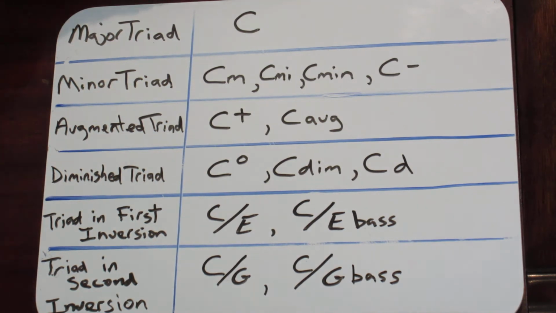All you need to use for a chord symbol for that is a capital C. So whatever the root of the chord is, a capital letter with that name will represent that chord, and everybody understands that. You don't have to write a big M, you don't have to write major. Everybody understands that a capital letter means a major chord. So that's all you need to know for that.